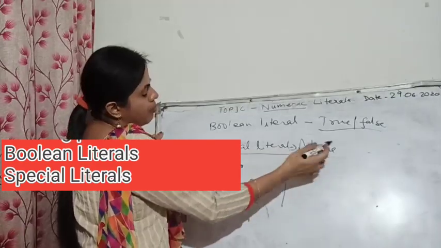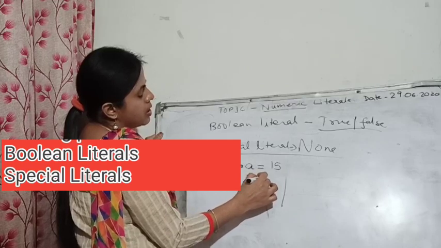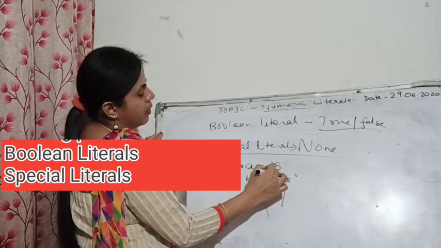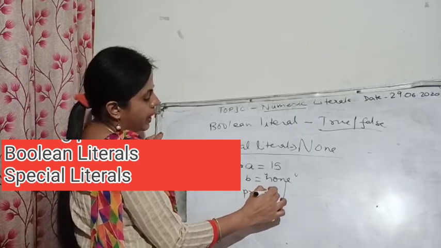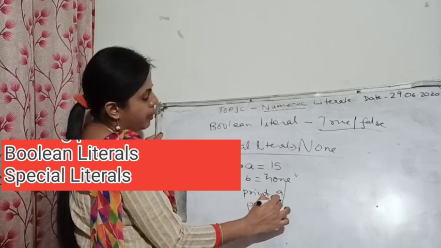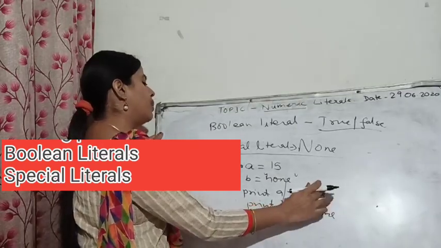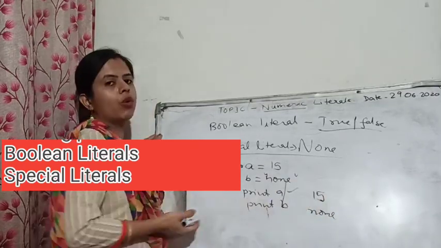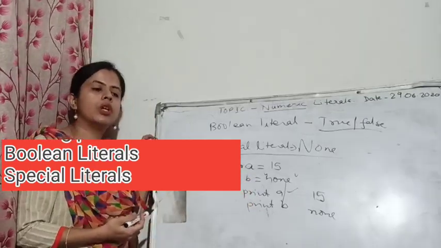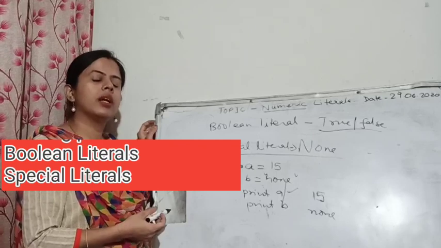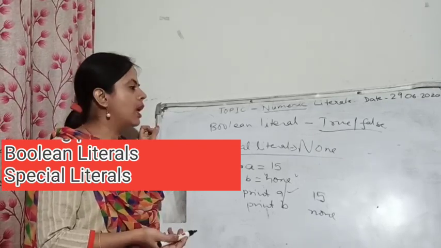Suppose you make a program like this: a is equal to 15, b is equal to None, and you write print a, print b. It will print 15, and it will print None. Nothing else will be printed. However, you will say, ma'am, what is the use of this? We will discuss this afterwards as well. When you do programming, you will understand how you can use different kinds of literals and how they are utilized in the program.